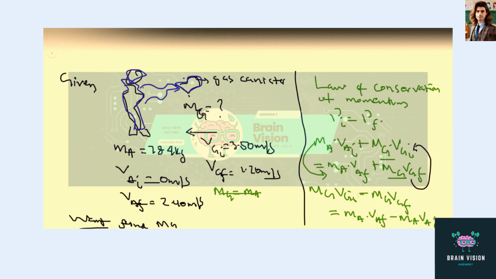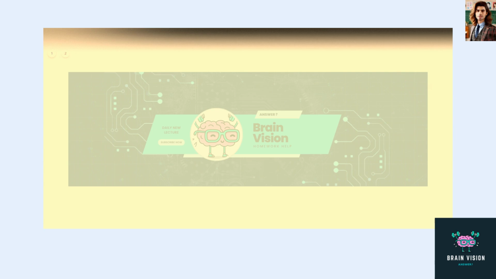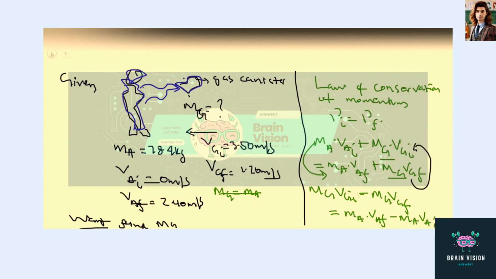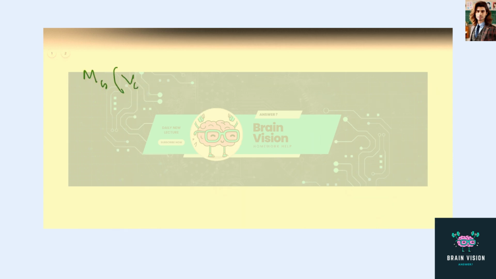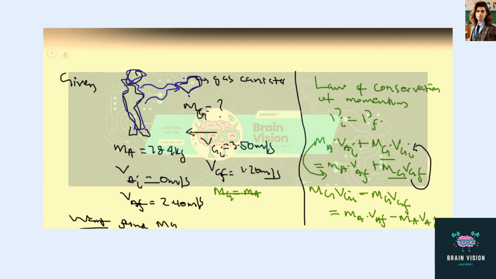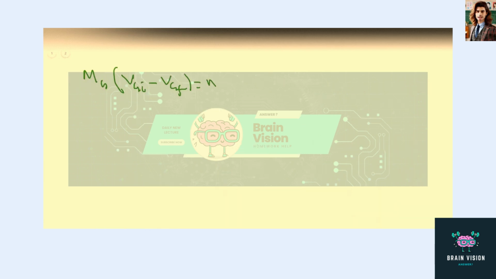We can actually do it on the next page. So we have the mass of the canister times initial minus final, equals, if you go back, sorry, the mass of the astronaut times the final velocity minus the initial velocity.